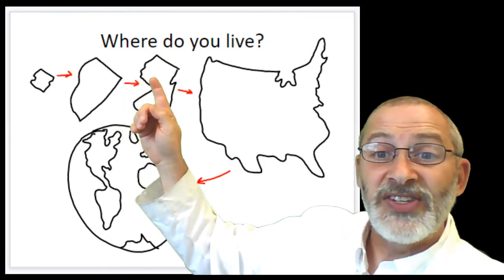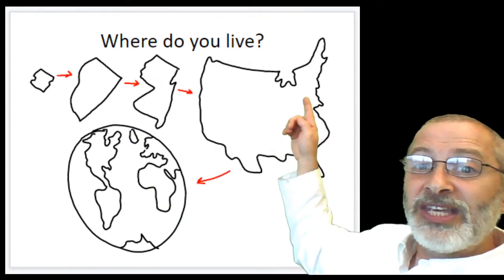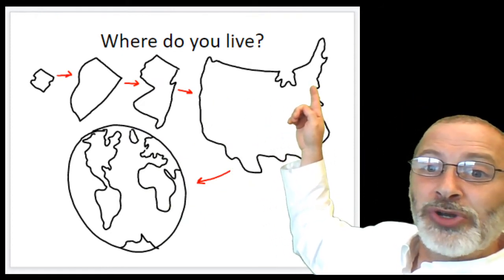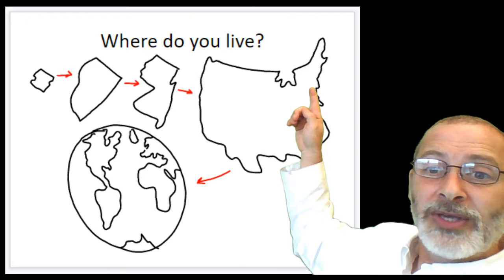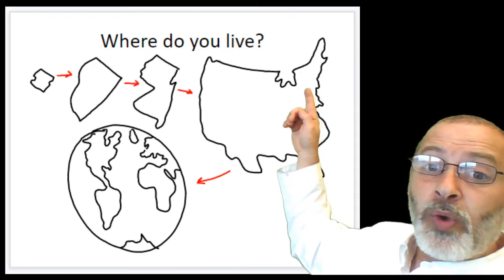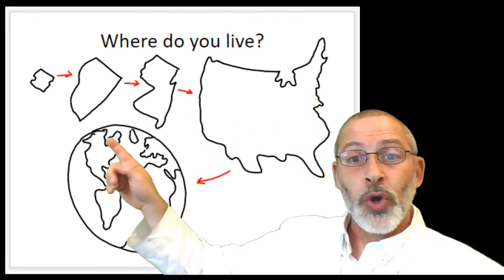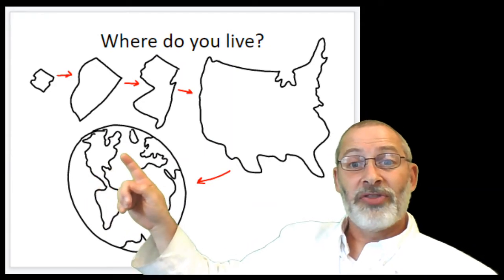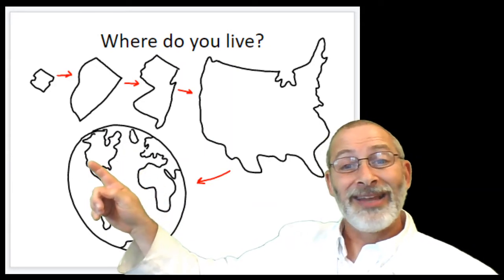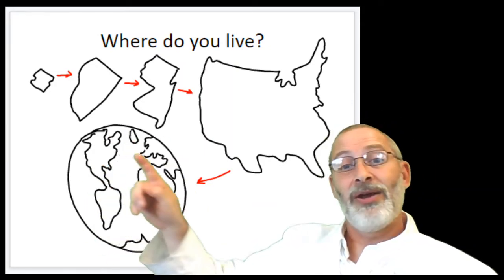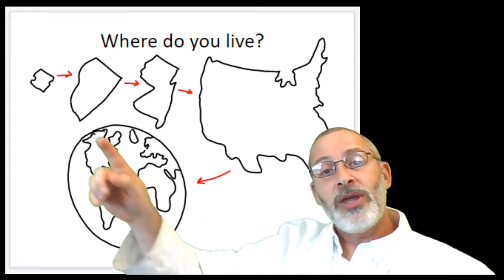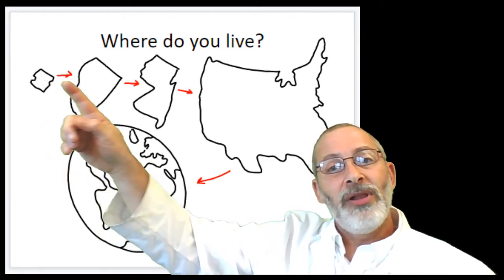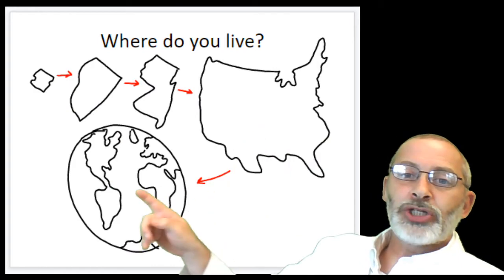New Jersey is just one of 50 states that exist in the United States. In fact, here's where New Jersey is on the map of the US. But the United States is only one country found in North America. And North America is one continent that exists on planet Earth. Do you see how we go from a tiny level all the way up to a much larger level?